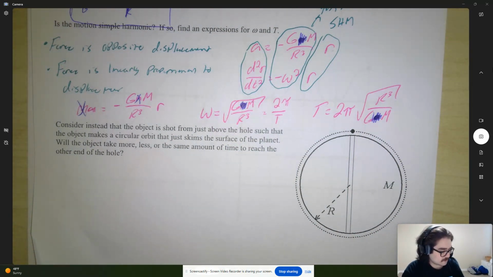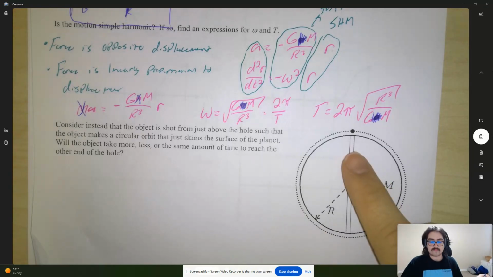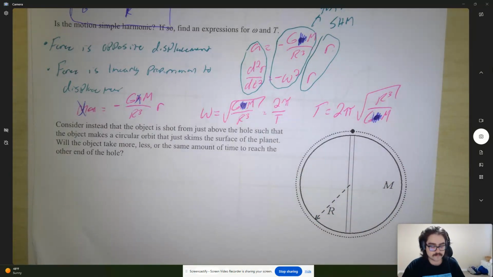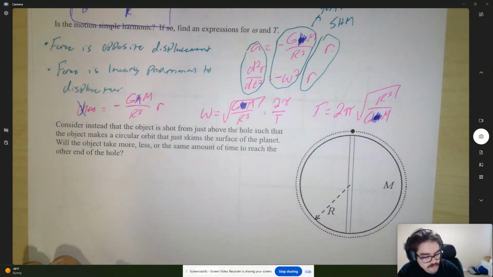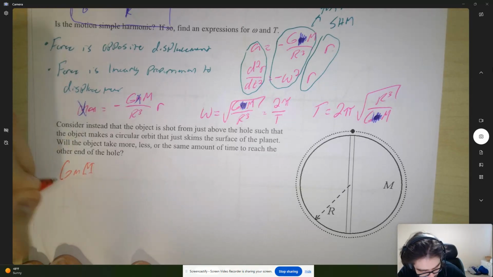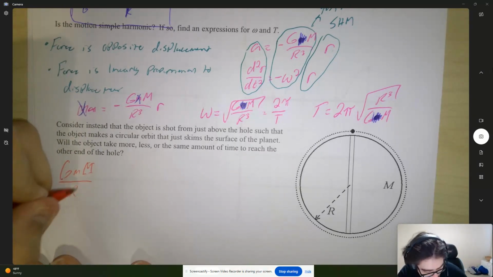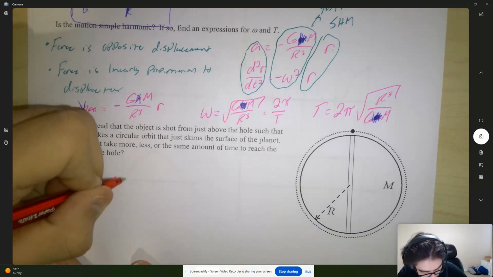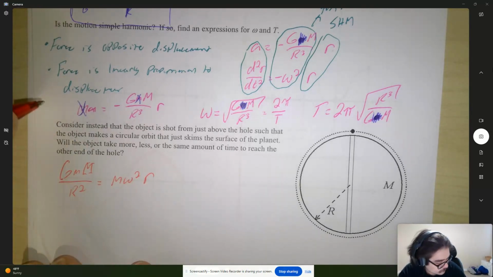Well, this is a circular orbit, so I can use centripetal force. G m M over r squared equals m omega squared times r.